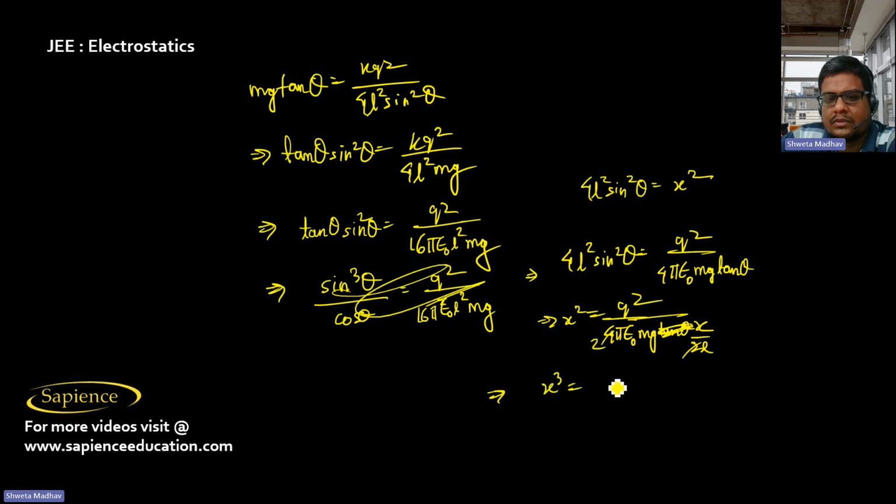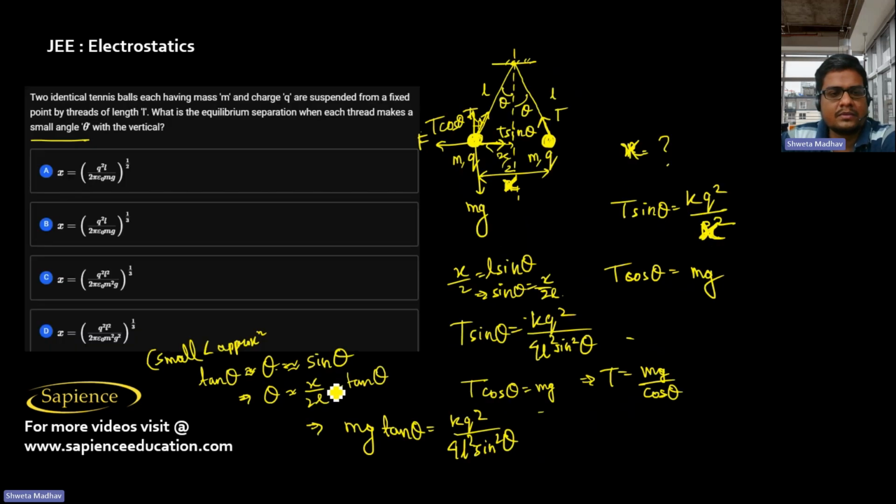X cube will be equal to q square L by 2 pi epsilon naught mg. So therefore x will be approximately q square L by 2 pi epsilon naught mg whole power 1 by 3, means it is the cube root of this. So option B is the correct answer.